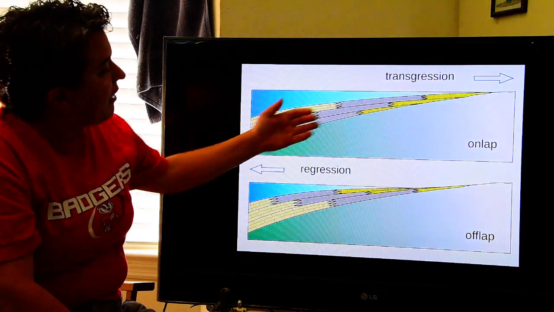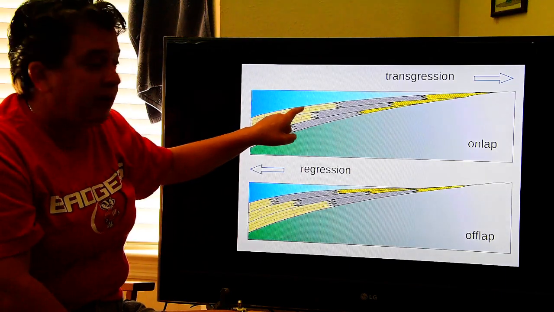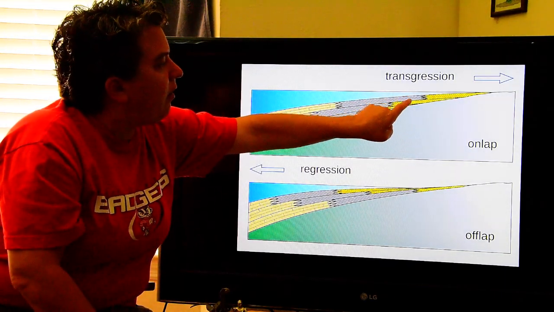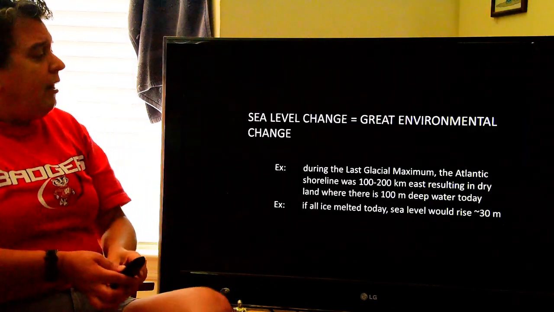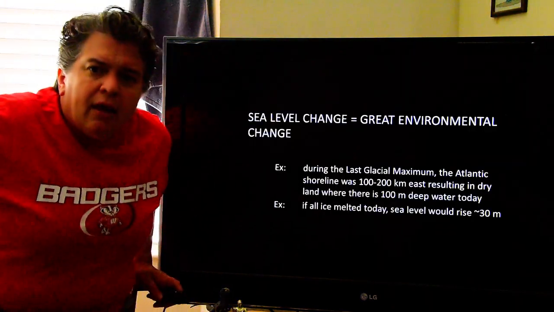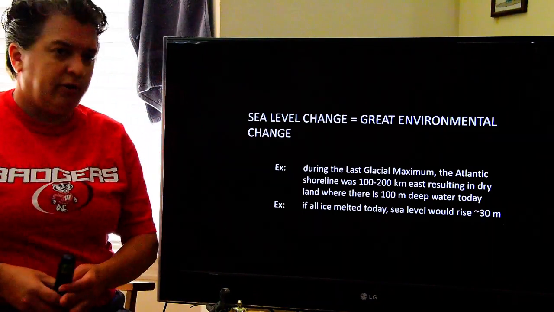And that's exactly what we're seeing here, right? They're laterally next to each other, but they can also be on top of each other. That's Walther's law.